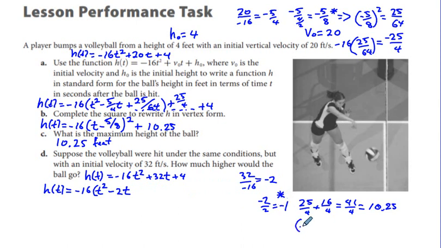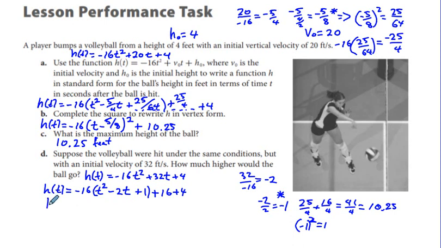Then negative 1 squared is equal to 1, meaning that plus 1 is what goes inside here. And we subtracted negative 16 times 1, so we have to add 16 plus 4 on the outside.